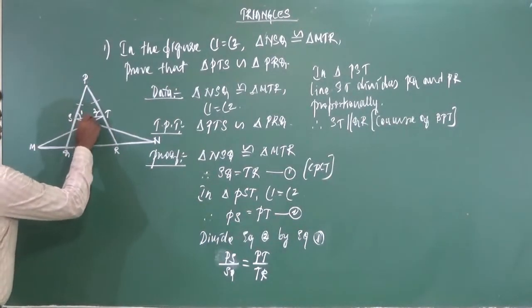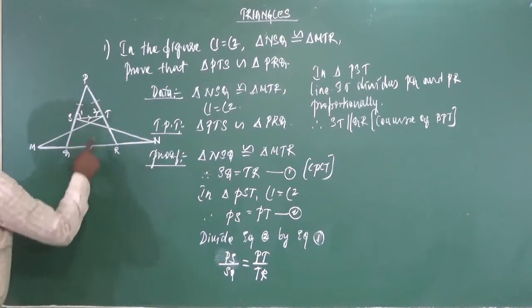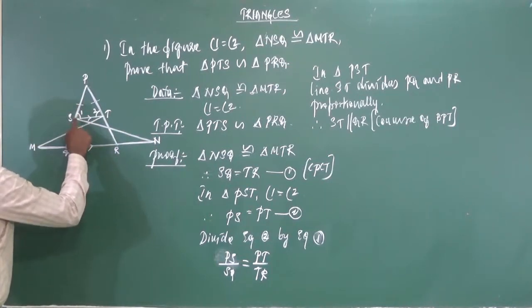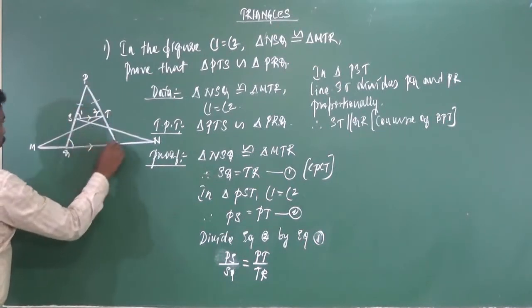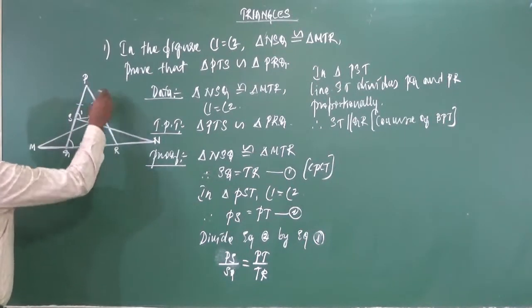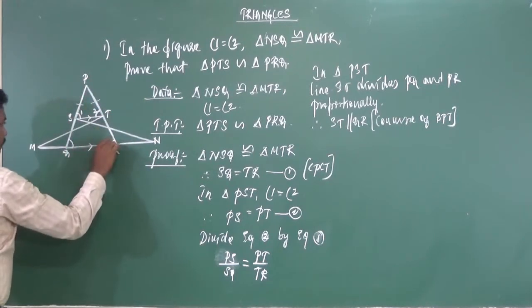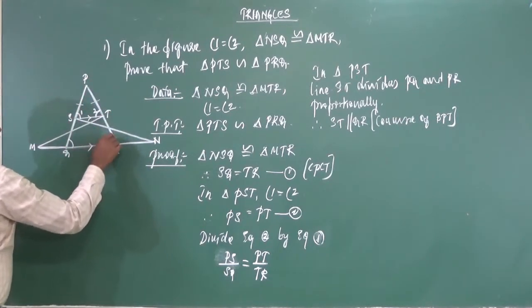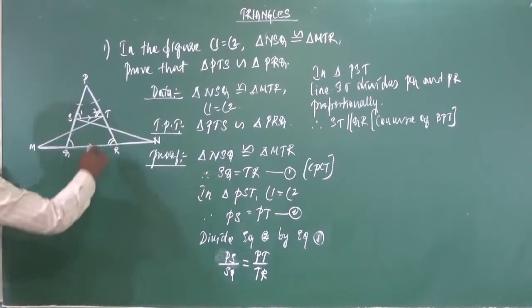As ST is parallel to QR, angle 1 will be equal to angle Q. That is, angle PST is equal to angle PQR, and angle 2, that is angle PTS, is equal to angle PRQ. Let us mark it with a double mark, just to identify.